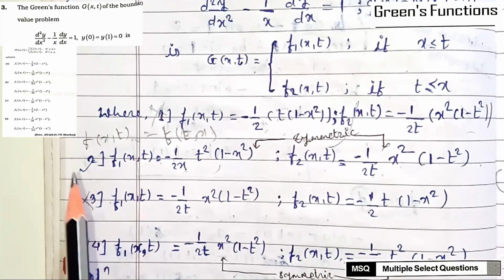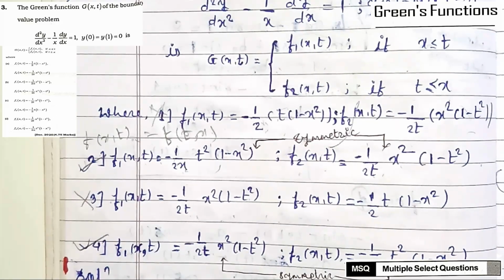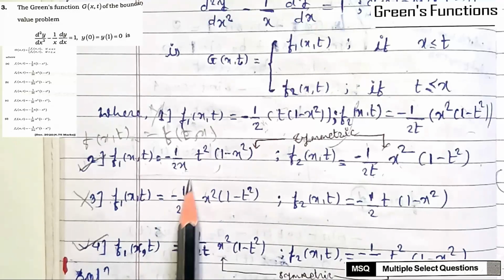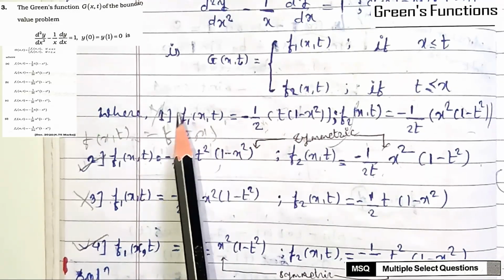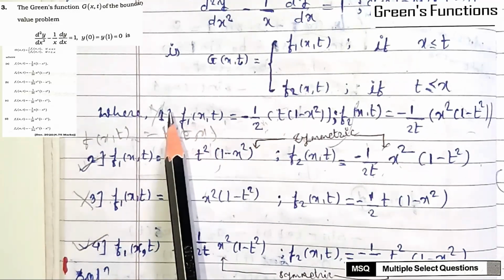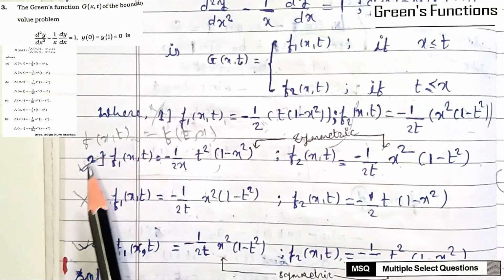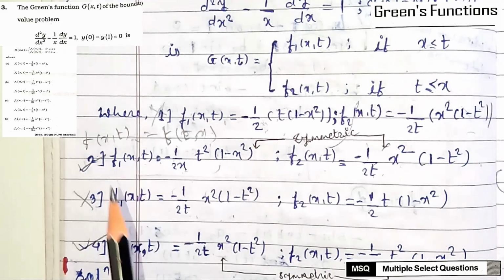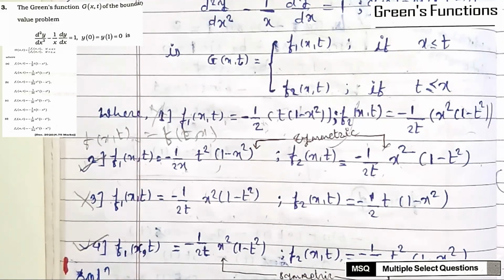So symmetricity holds for option second and option fourth, while options first and third violate the property of symmetricity. So we discard the first and third options, and the remaining second and fourth are correct, because symmetricity always holds for the Green's function.